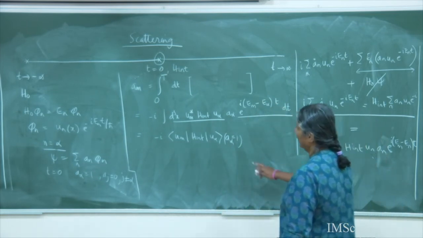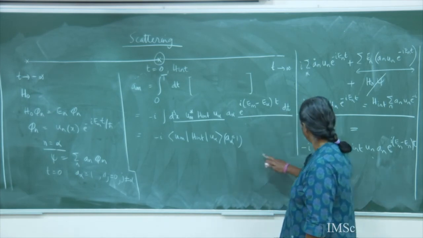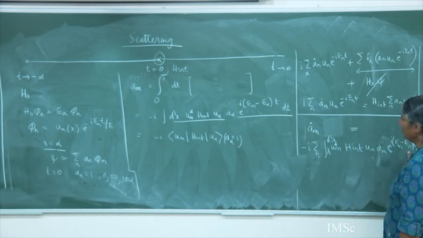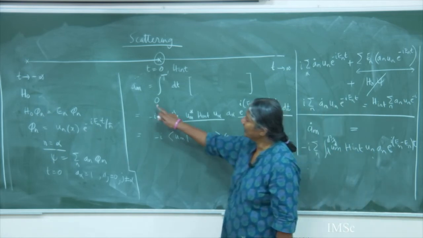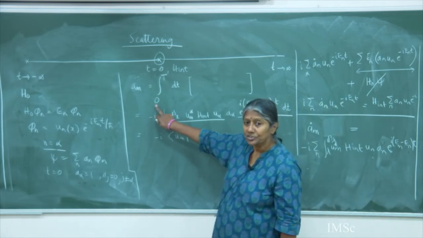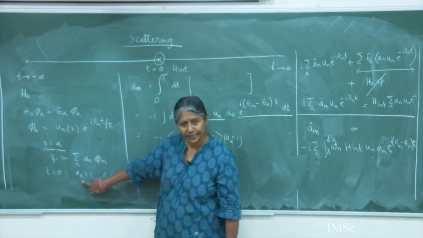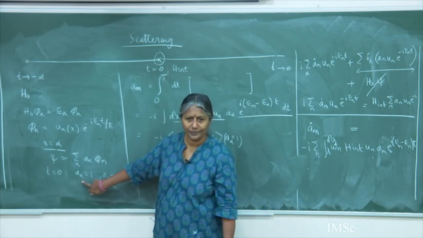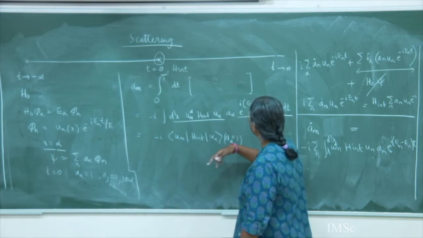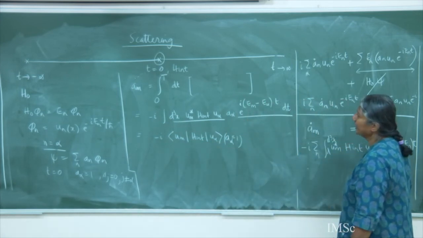Okay. I'm asking, that was at earlier times. Now we are asking, because we're going to integrate from the time when the potential was turned on. At that moment when the potential was turned on, the system was in phi alpha. And then we are asking what is it that it can transit to?